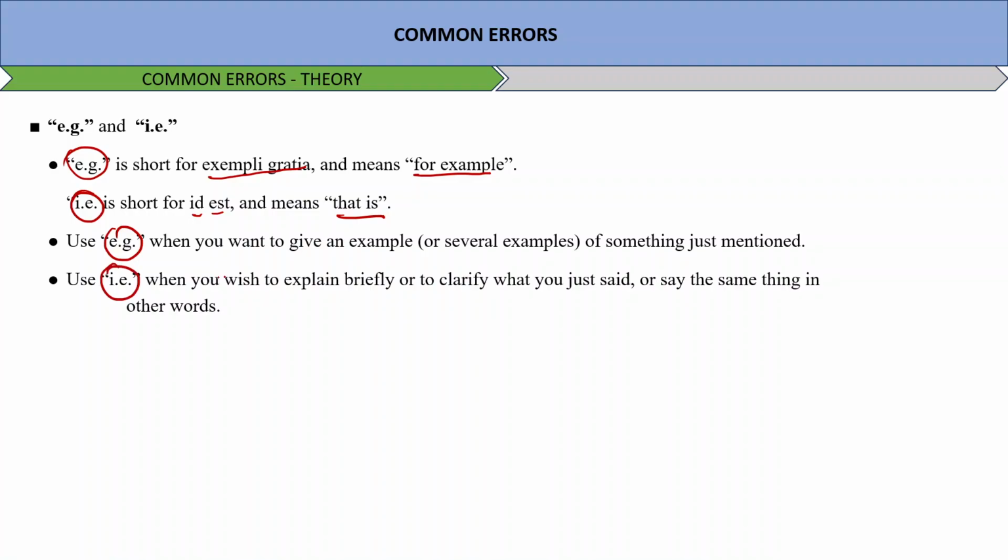Use "that is" when you wish to explain briefly or to clarify what you said, or say the same thing in other words. Why am I telling you this? Why is it important to know? Very important, because it's a common error; we always mix "for example" with "that is." We usually mix it. So no mixing of it.